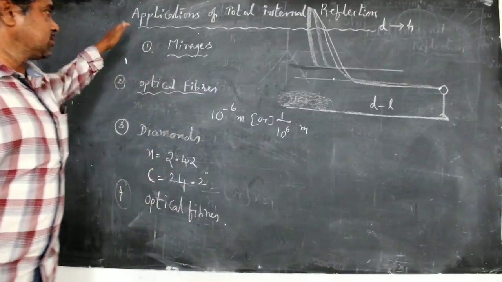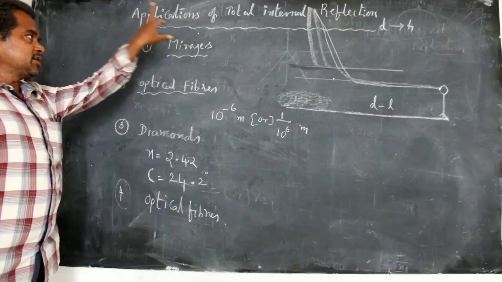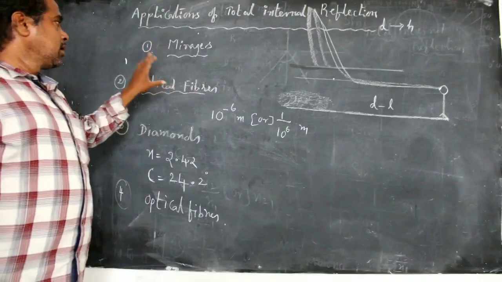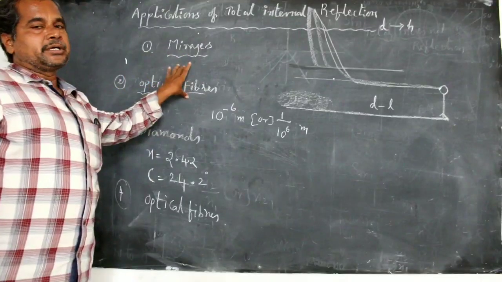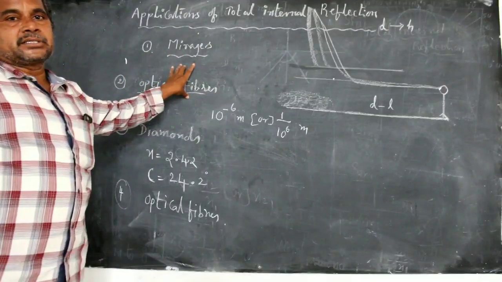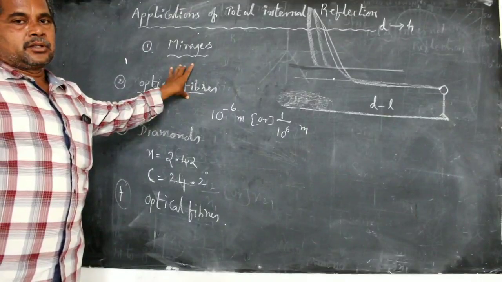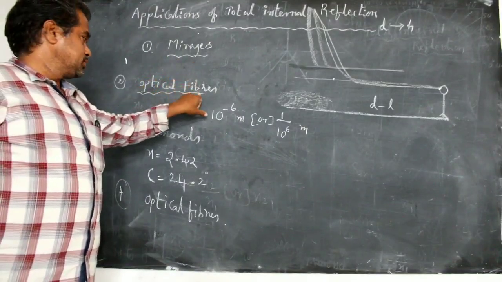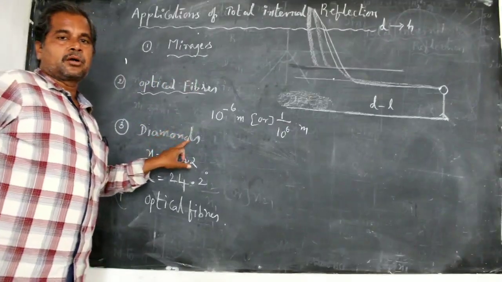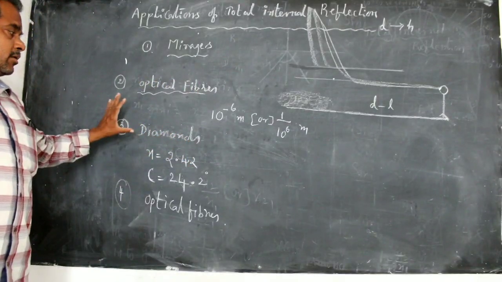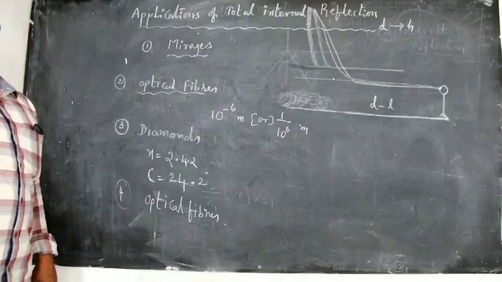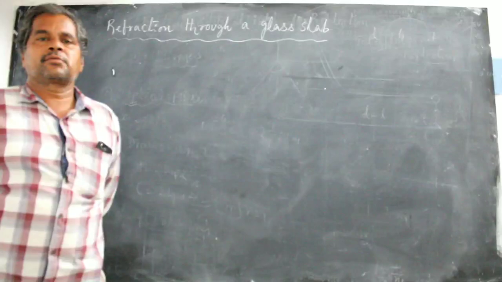So these are the applications of total internal reflection. Mirages are formed by using the phenomenon of total internal reflection. Optical fibers are used in medical sciences, in the tests of endoscopy or colonoscopy, and also diamond glitters or shines more by using the phenomenon of total internal reflection, and all the telephone communications.